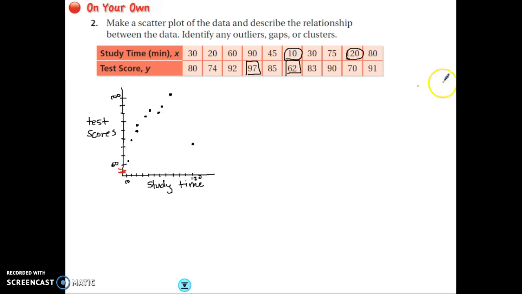Looking at this data, it looks like it's got a pretty consistent positive linear relationship. I can draw a line going pretty much through most of the data. So I'm going to call this a positive linear relationship.